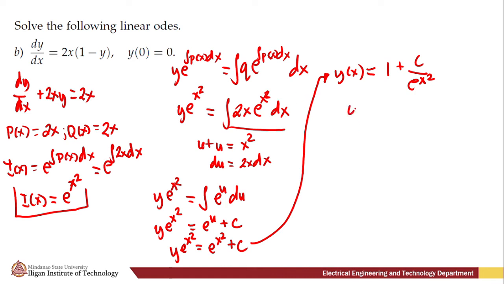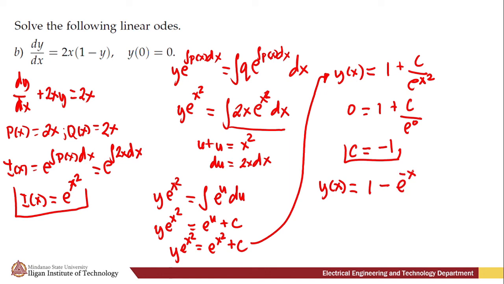So 0 equals 1 plus c over e raised to 0, since x is 0. So the value of our c is just equal to negative 1. So we substitute it back to our solution y of x. So we have y of x equals 1 minus e raised to negative x squared.